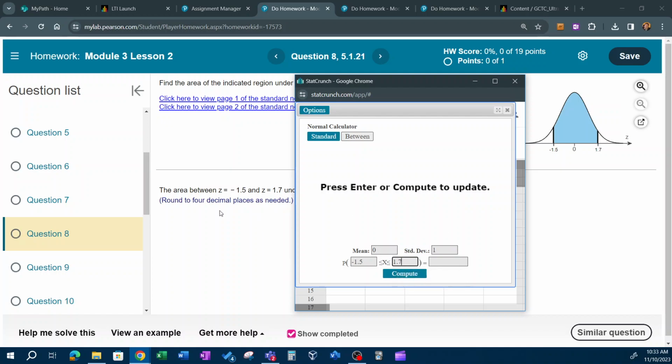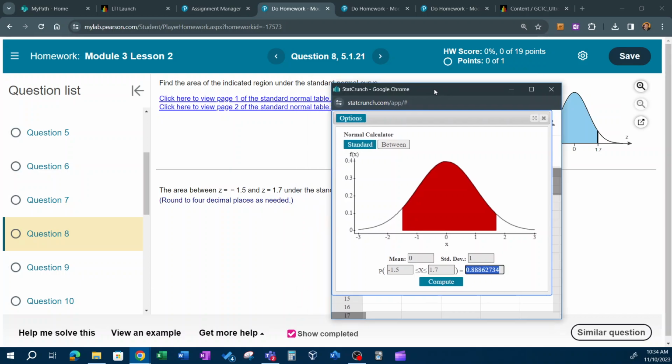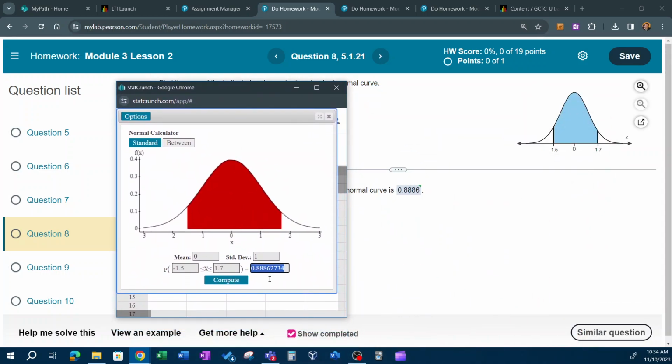Right, those are the boundaries of the graph, and we'll compute. All right, so the shaded region is going to have 0.886. Okay, so that's the answer. Once again, this last box is the area of the shaded region, or it's the percentage of the data. It's another way to think about it. It's the percentage of the data in the shaded region, in between these two boundaries.